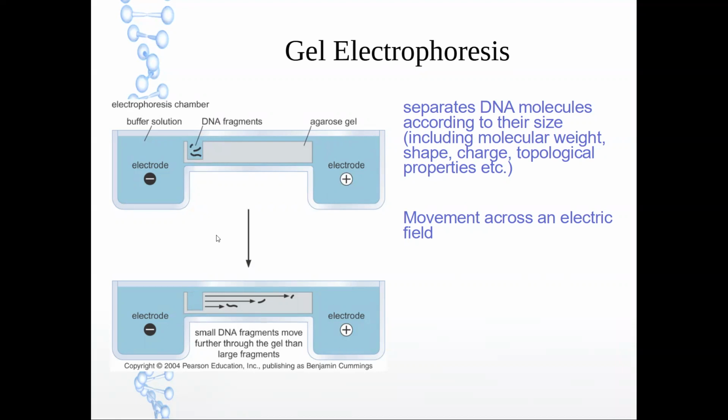And of course, when you run the equipment, there's a live electrical current going around here. The fragments will migrate towards the positively charged electrode. So you have a migration here. Shorter fragments go faster than the longer ones. So you would see bands in the gel.